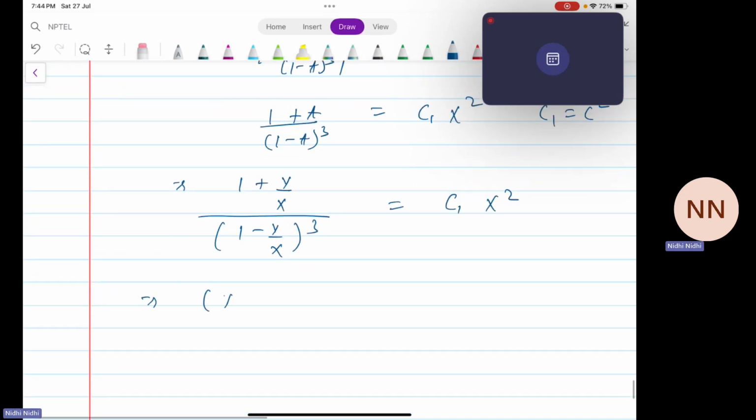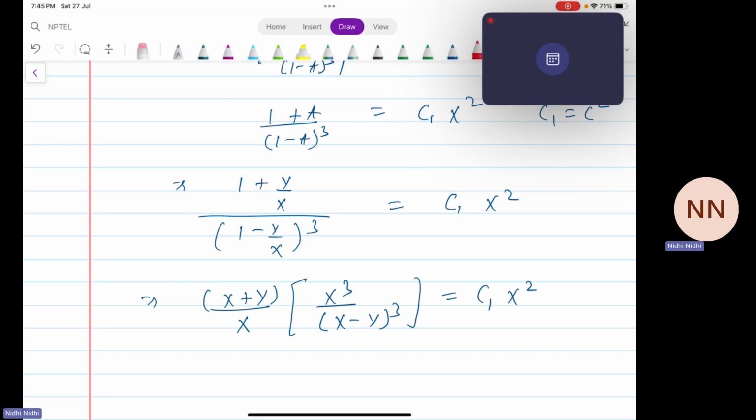(1 plus y by x) upon (1 minus y by x) cube is equal to c1 x square. This implies (x plus y) upon x times, let's not cross, times x cube upon (x minus y) cube is equal to c1 x square. Now this gets cancelled out. We are left with x square, and this x square gets cancelled out by this x.